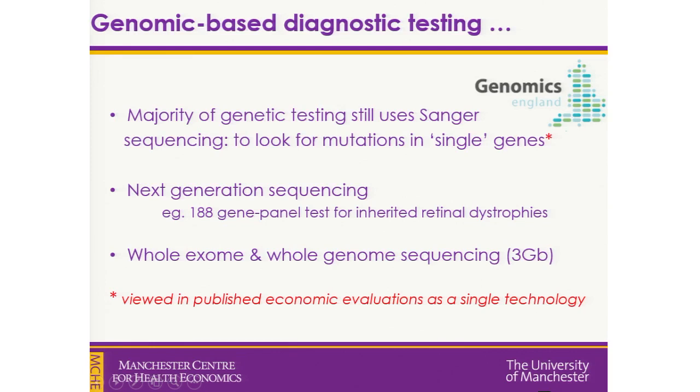Now, why is this important? Moving from looking at single genes to multiple genes poses us with some challenges. If you look at published economic evaluations, they focus very much on a single technology and a single gene. In a moment, you'll see why moving to this genomic approach makes life a little bit harder for us.